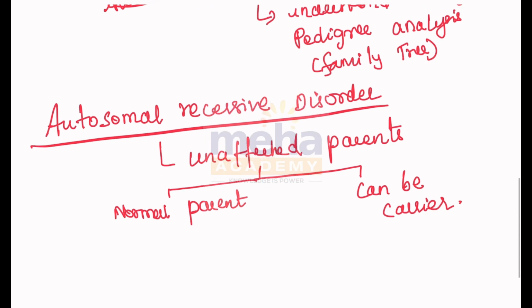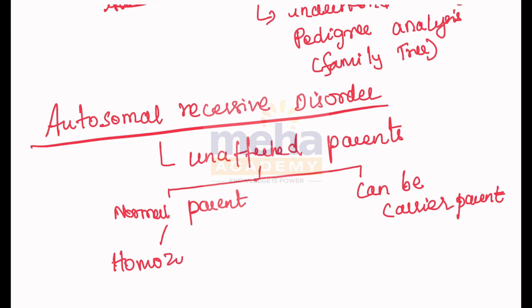But what is the difference between a normal parent and a carrier parent? A normal parent won't have the gene which causes the autosomal recessive disorder. But the carrier parent will have the gene that causes the disorder, but that gene will be a recessive type.